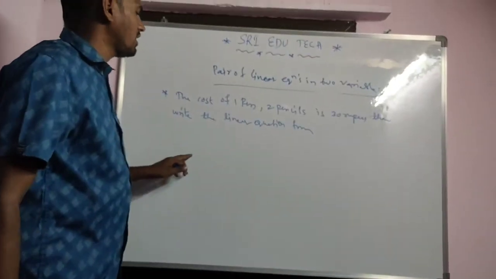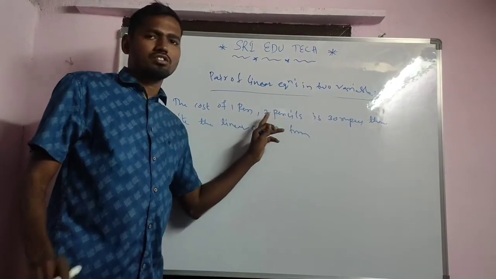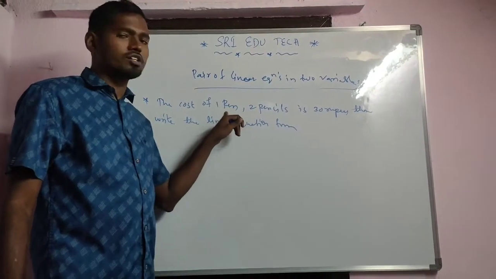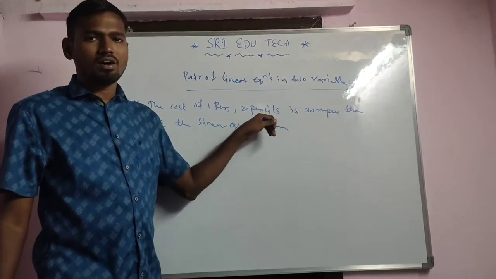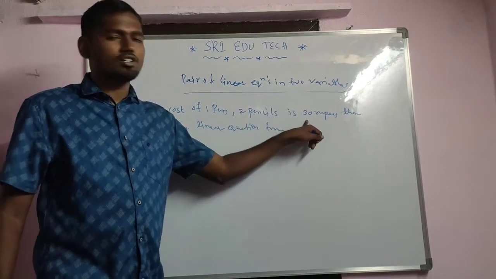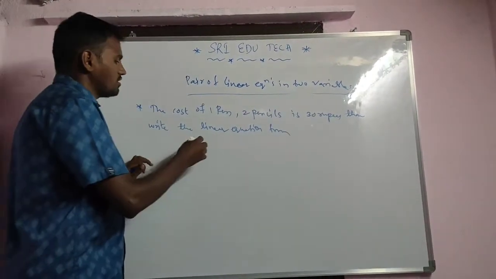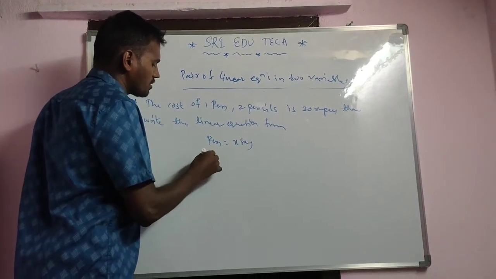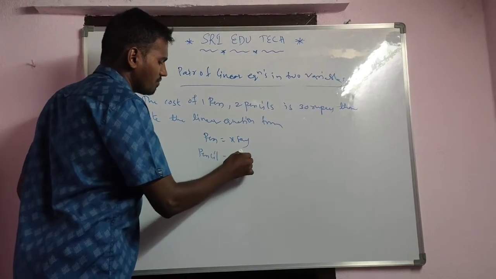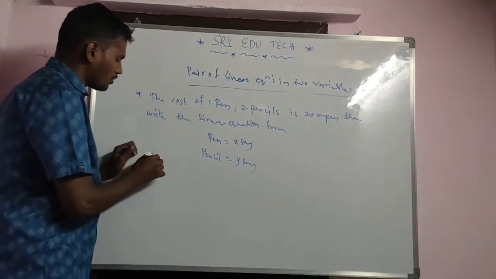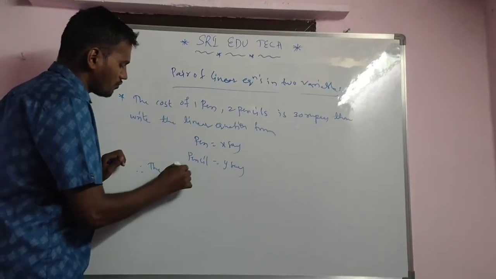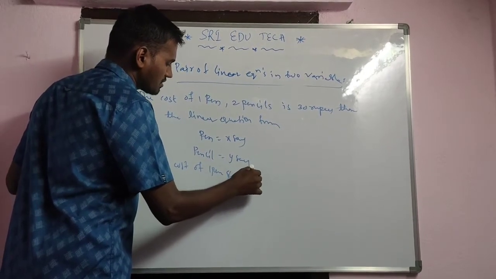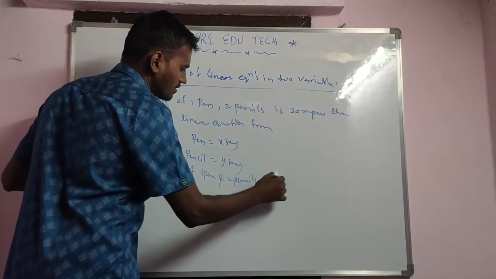In this we have two types of things. One is pen, another one is pencil. We have to assume pen is equal to x, then pencil is equal to y. The total cost is 30 rupees. Therefore, the cost of 1 pen and 2 pencils is 30 rupees.